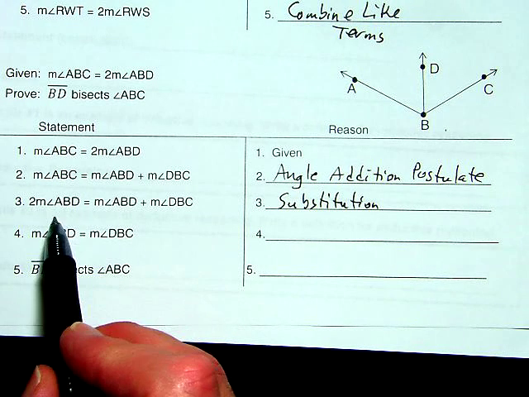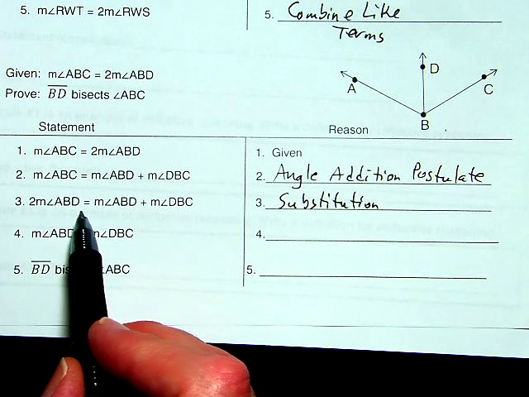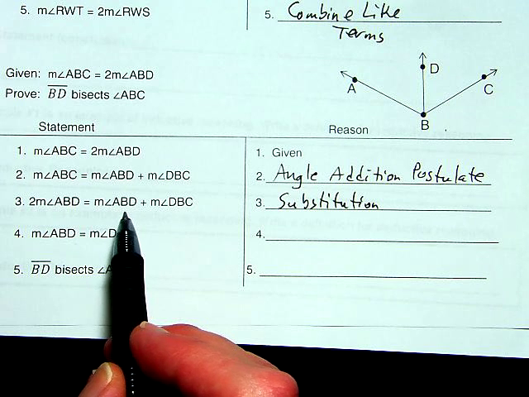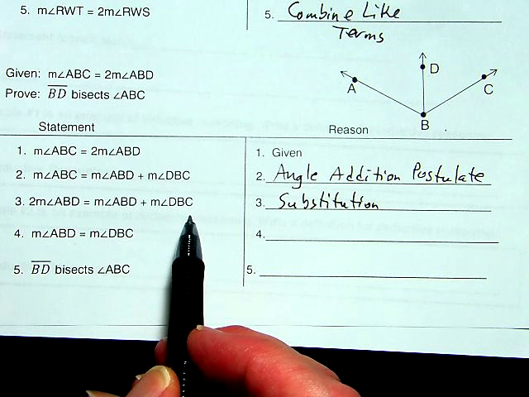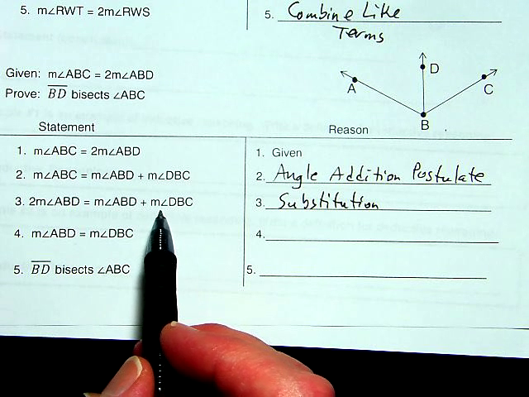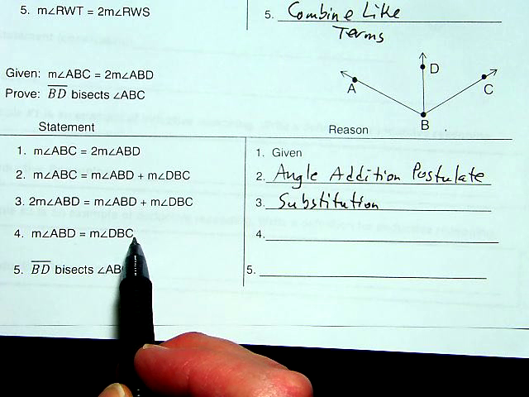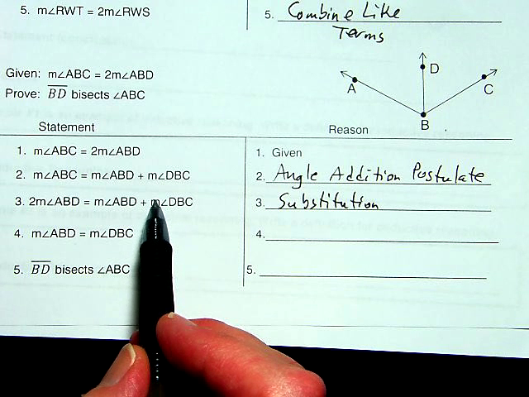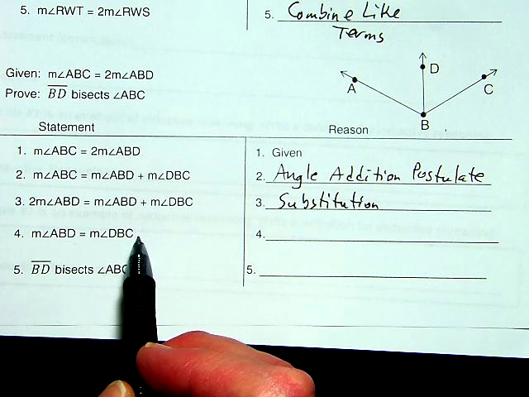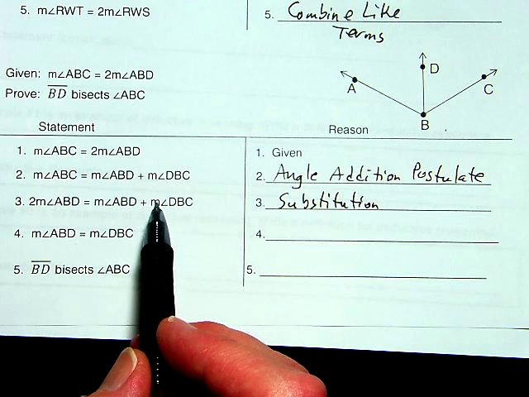Okay, so we have this statement, 2 times the measure of angle ABD is equal to the measure of angle ABD plus the measure of angle DBC. So then how do we get from the third statement to the fourth statement? Well, we are subtracting both sides by the measure of angle ABD.